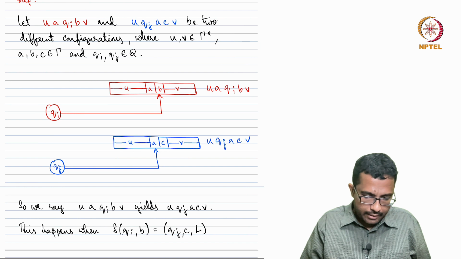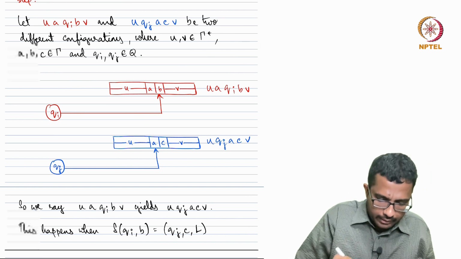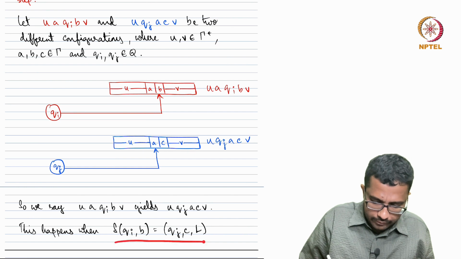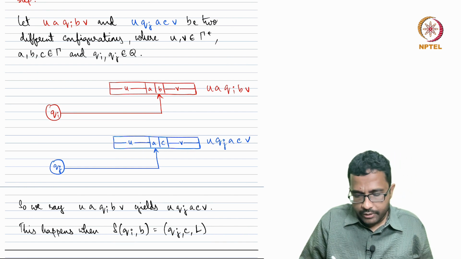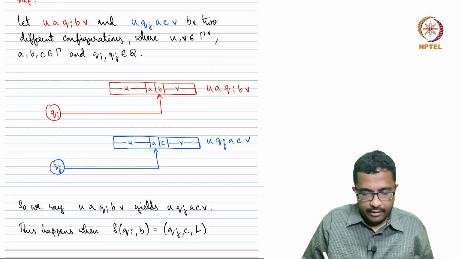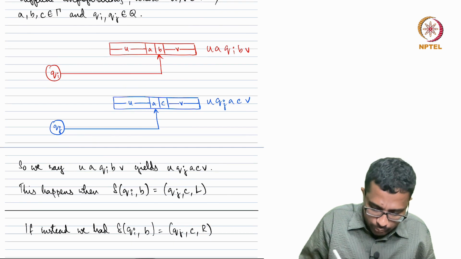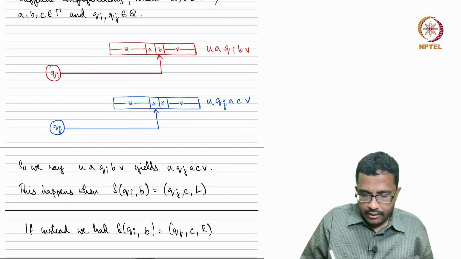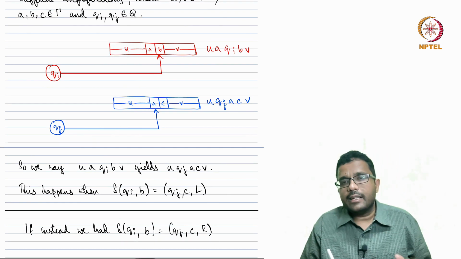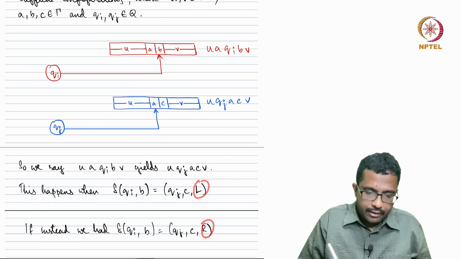Now one question: suppose the rule was, instead of delta(Qi, B) giving (Qj, C, L), it gave (Qj, C, R). Then everything would have been the same.